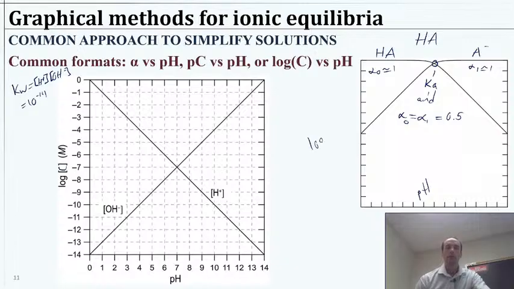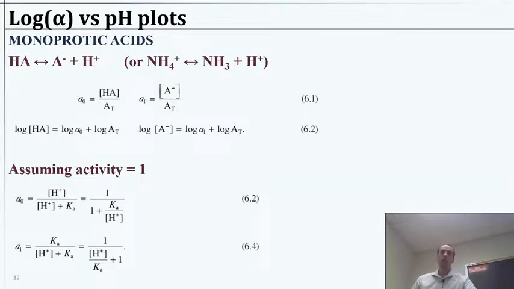Sometimes we will have log alpha. Okay, so in these log alpha versus pH plots, again, we're going to use a monoprotic acid, just HA. By the way, we can do all of this stuff with diprotic and triprotic acids.